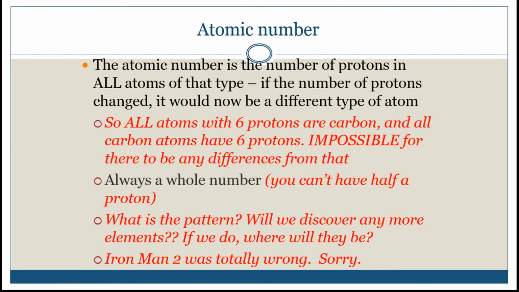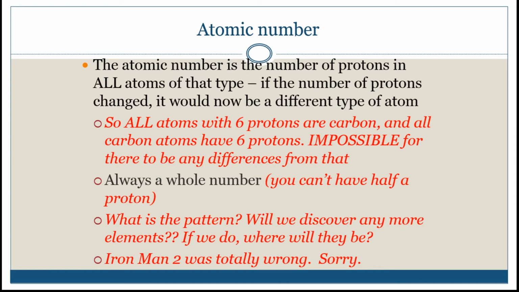And then I wrote here, what's the pattern? As you move to the next element, what happens to the atomic number? It goes up by? So find element number 12. What is element number 12? Magnesium. What's its atomic number? 12.